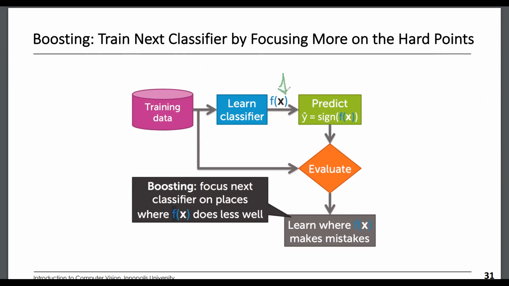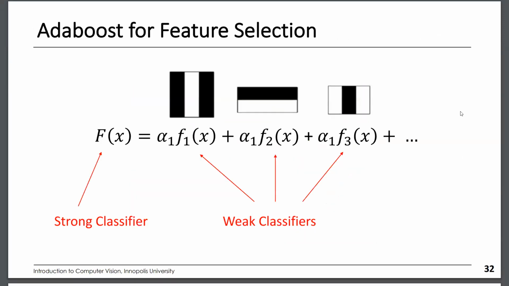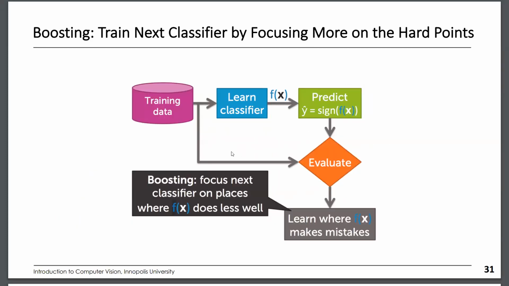So the first one will learn everything in the same way. The mistakes of that one, we will focus more on once we are training the next one. And then, of course, this will be repeated again and again for all of our weak learners.